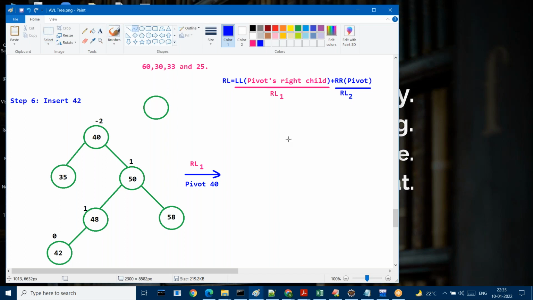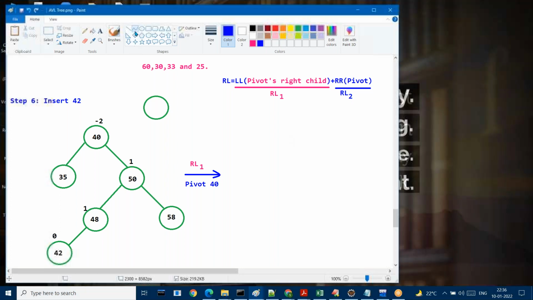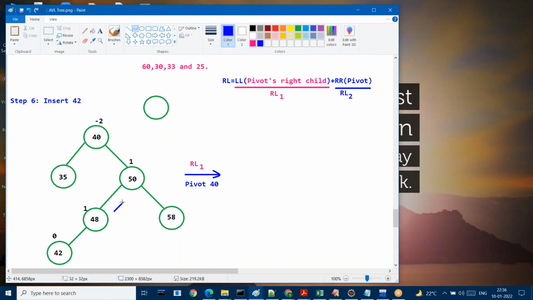Who is the right child of pivot? 50. With respect to that, which rotation? LL rotation. So LL rotation means, sir, LL rotation is a clockwise rotation.